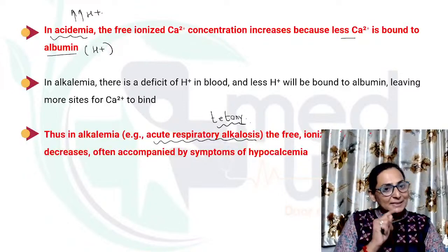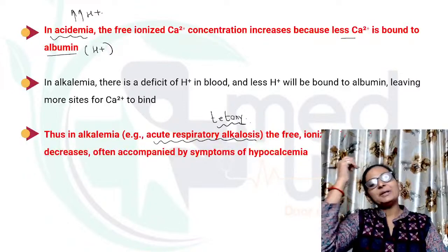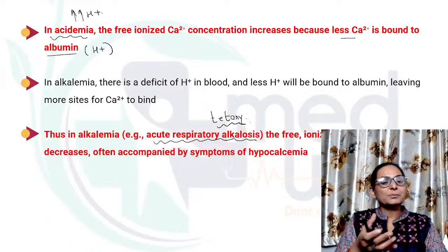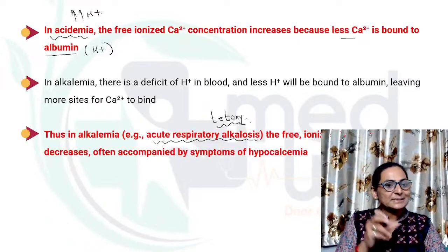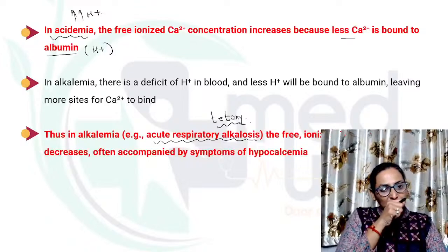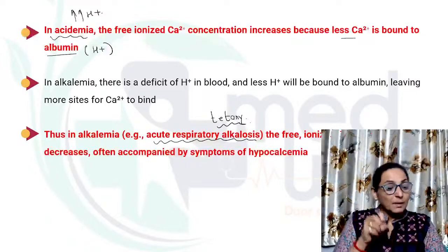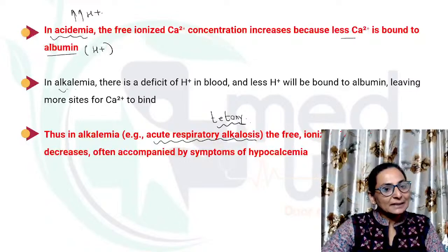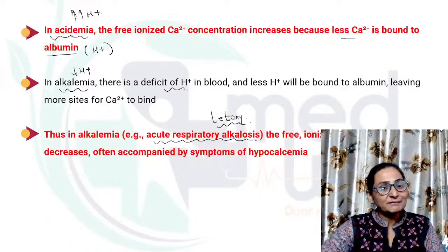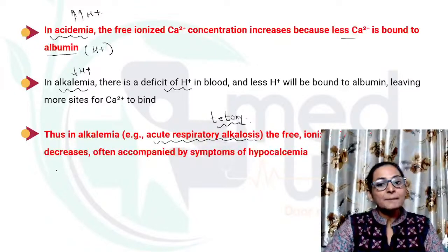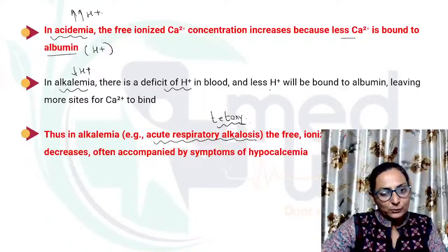So in acidemia, the free ionized calcium concentration increases because the proteins like albumin are busy buffering H plus ions. But when there is alkalemia, that means when there is a decrease in the H plus ions, less hydrogen ions are available to bind with albumin.